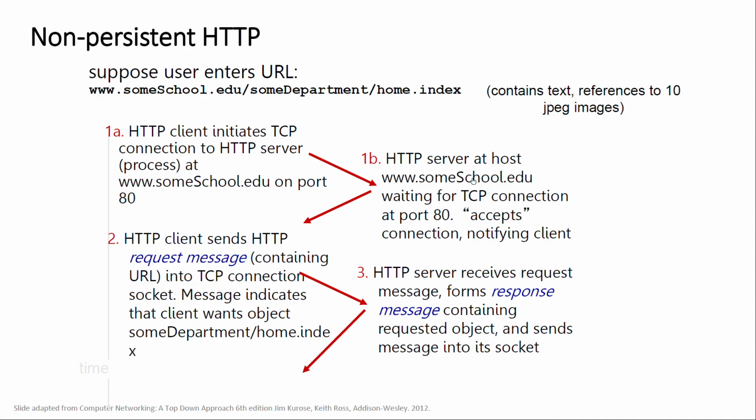The server, waiting for HTTP communications, accepts this connection and notifies the client. Now the client sends the request message containing the URL into the TCP connection socket. The message indicates that the client wants this object. The HTTP server receives this request, forms the response containing the requested object, and sends the message into its socket.